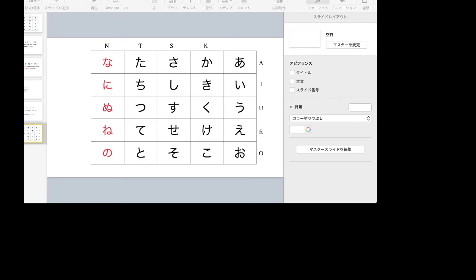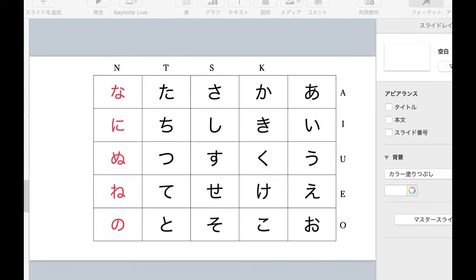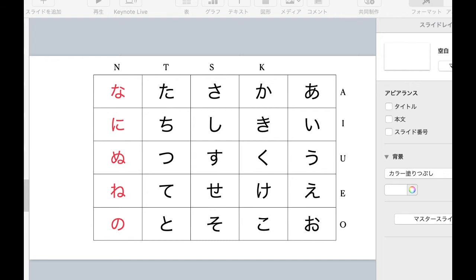So let's review what we did last time. Last time we did T lines: た、ち、つ、て、と. Right?